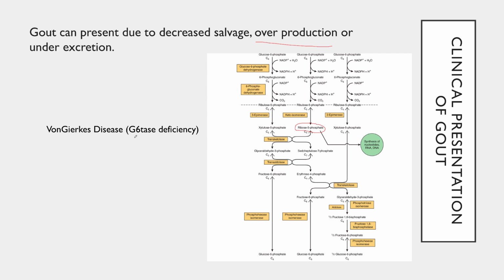So in von Gierke's disease, remember, this is a deficiency in glucose 6-phosphatase. So glucose 6-phosphate, either produced through gluconeogenesis or glycogenolysis, is trapped in the cell. As such, that substrate has two fates. It can either be oxidized through glycolysis or through the pentose phosphate pathway, and that will greatly increase our production of ribose 5-phosphate.